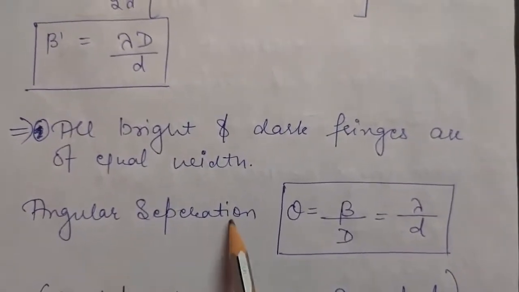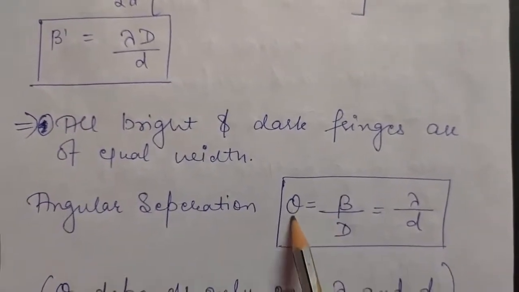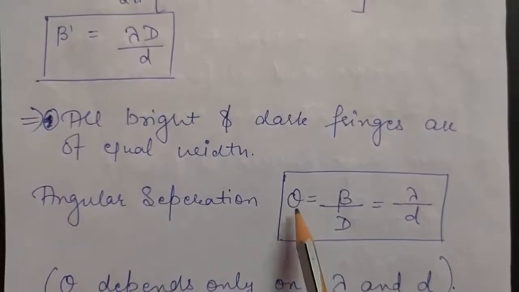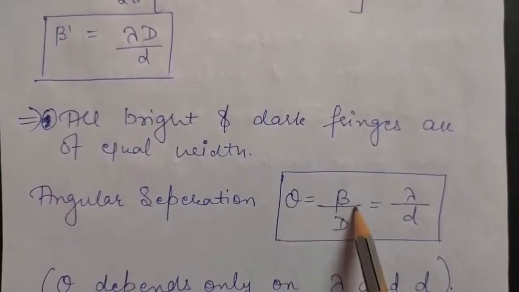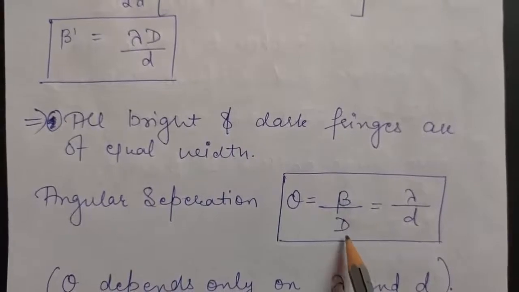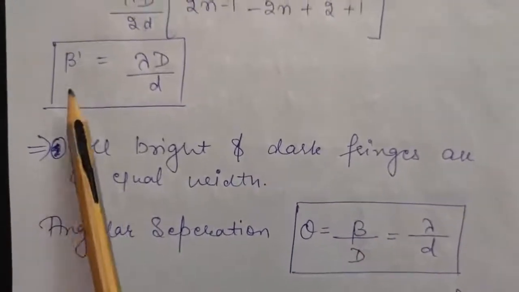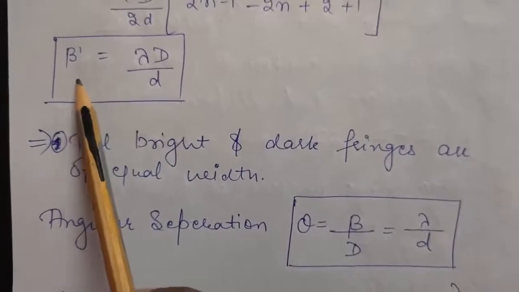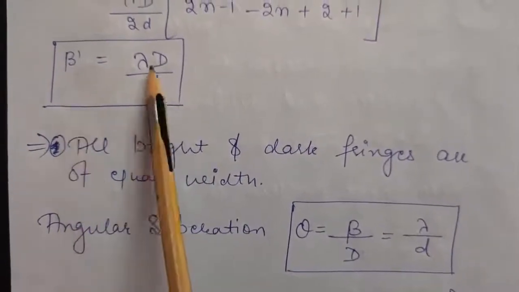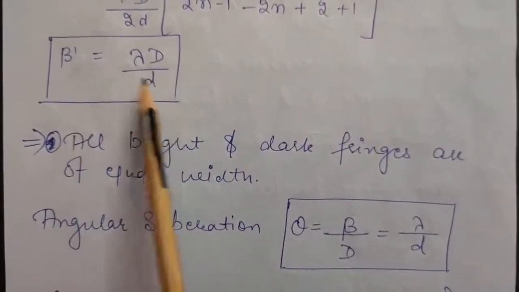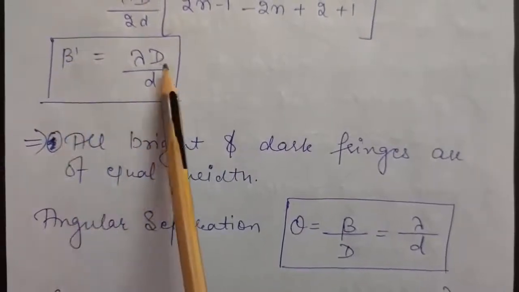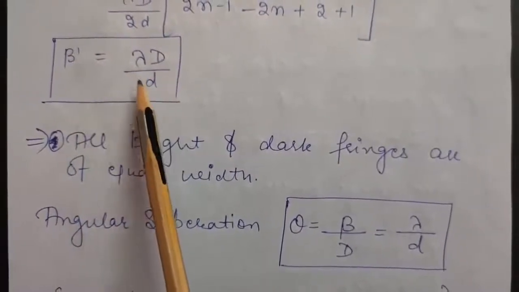Angular separation is denoted by theta, and it is defined as the ratio of fringe width upon the distance between the slits and the screen, that is beta upon D. Now as beta dash is equal to beta, you can say beta is lambda D by d. From here, if you calculate beta upon capital D, that will come to be lambda by d.